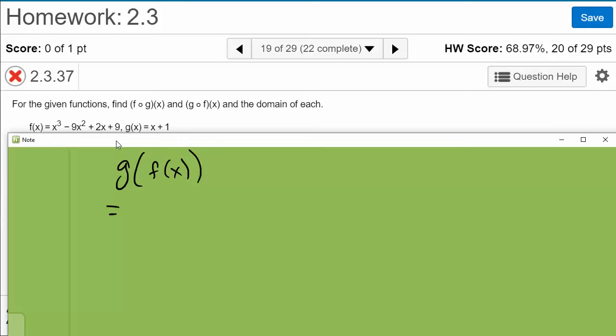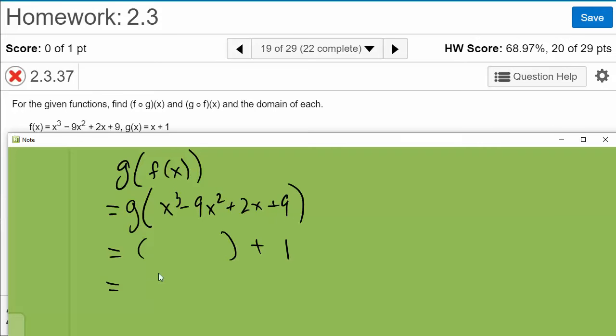F of x is this whole expression, x cubed minus 9x squared plus 2x plus 9. And g of x is just the x plus 1. So we're just going to add 1 to that.